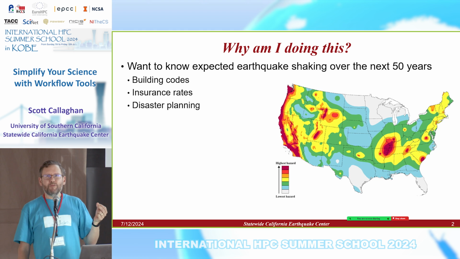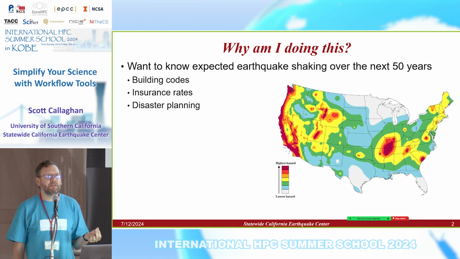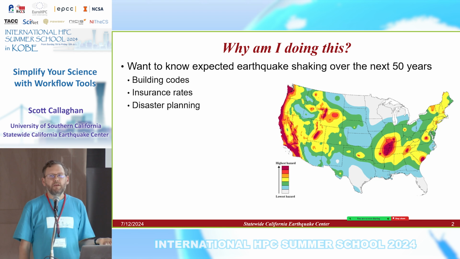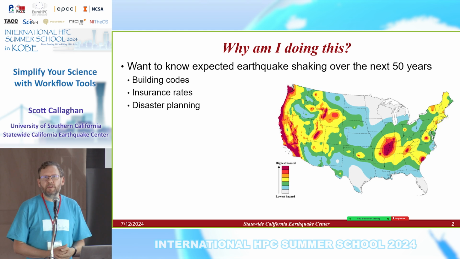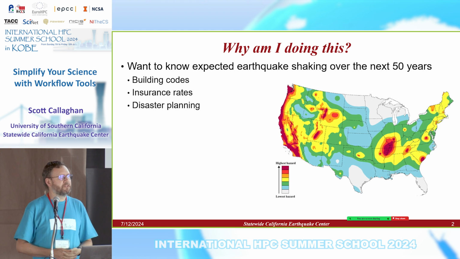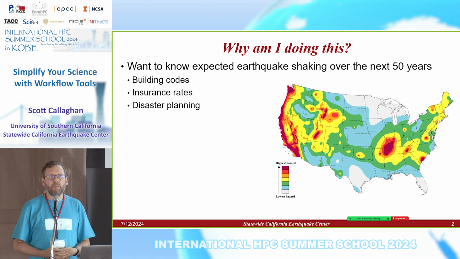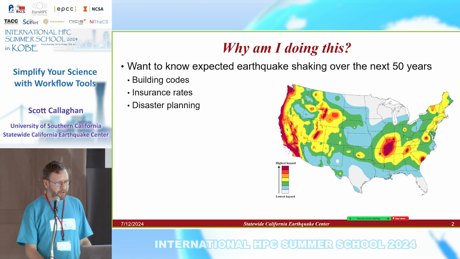But this kind of information would be really useful, not just for people who are building buildings, but also if, for example, you're trying to set earthquake insurance rates. Or maybe you're just wanting to do disaster planning exercises and you want to know what areas should be most concerned about what might happen in an earthquake.